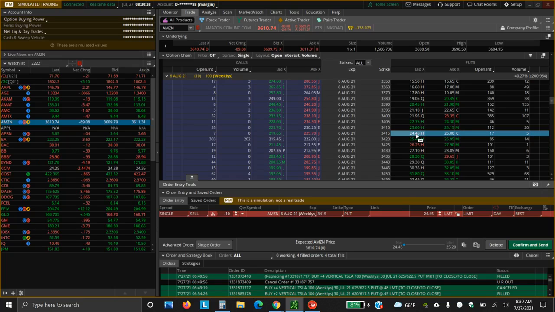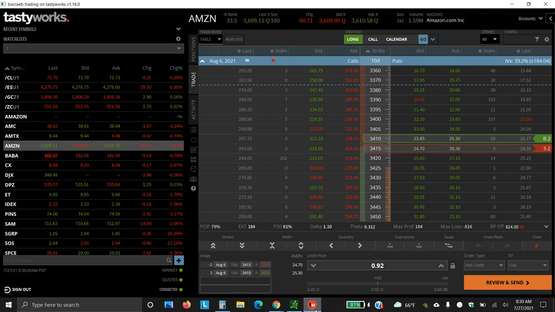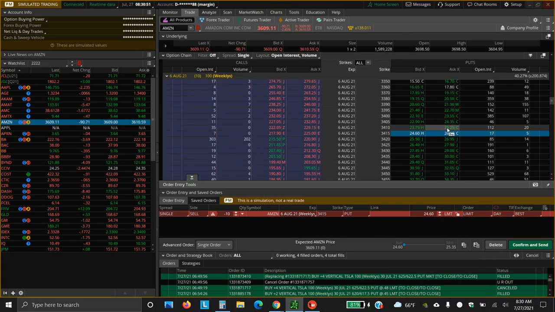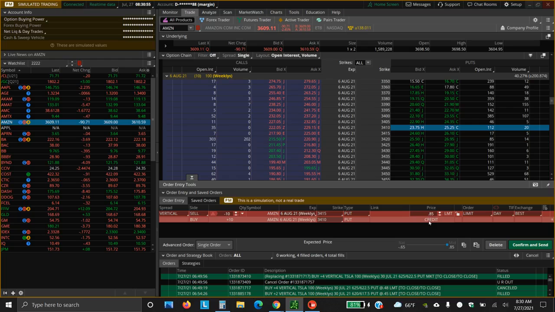I want to sell the 34.15, and you left click, right? And then to do two trades at once, to do a spread, I want to buy the 34.10. So you control and then left click. You just have a spread, $85.